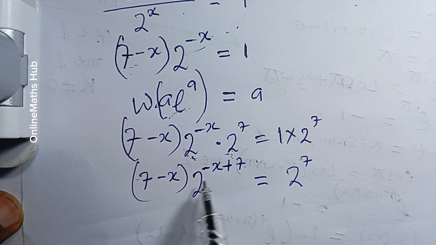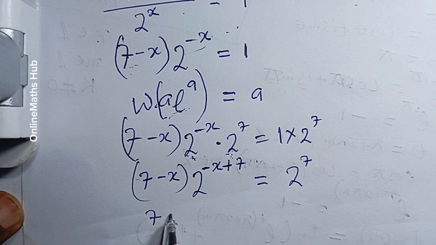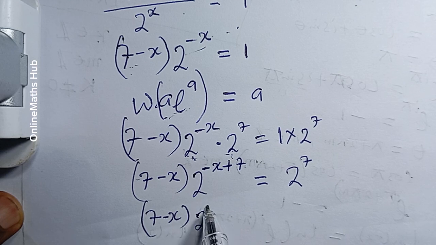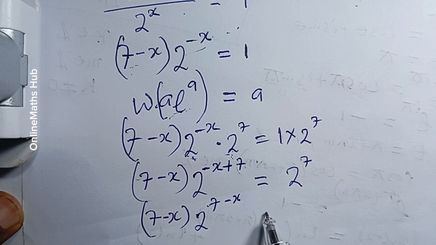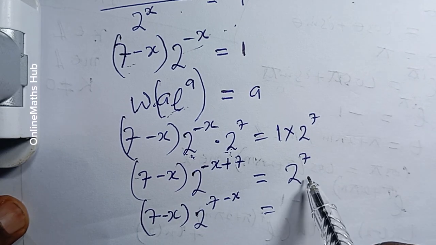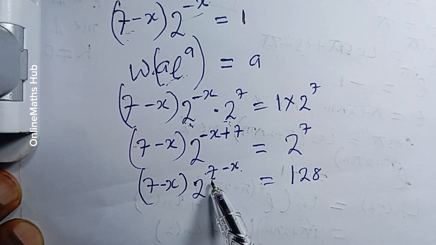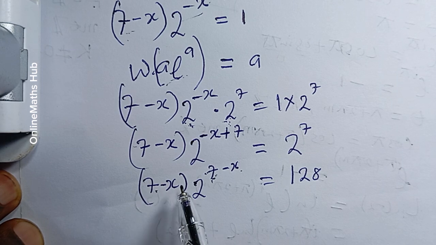Okay, so at this point you can see I've got the same thing over here, so I can decide to write this one here so that it looks like the one that is at the base. So this is 7 minus x multiplied by 2 power 7 minus x, and of course it is equal to 2 power 7, which is 128. And so we've gotten to the point where we have 7 minus x as the power here, and 7 minus x as the base.